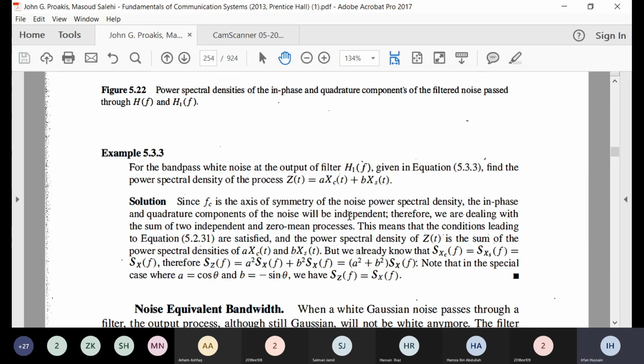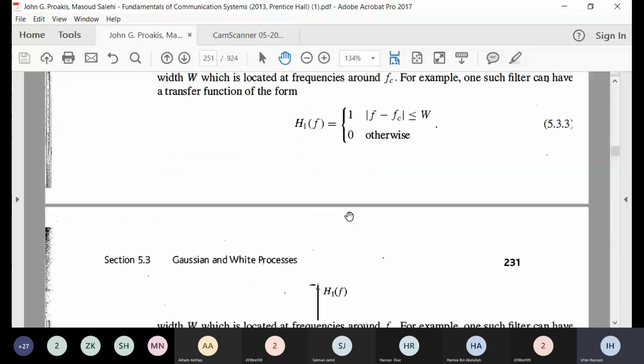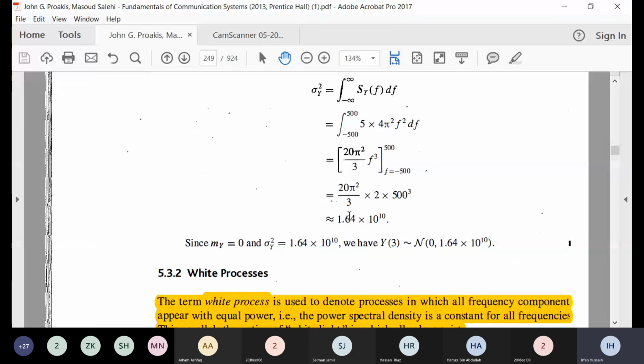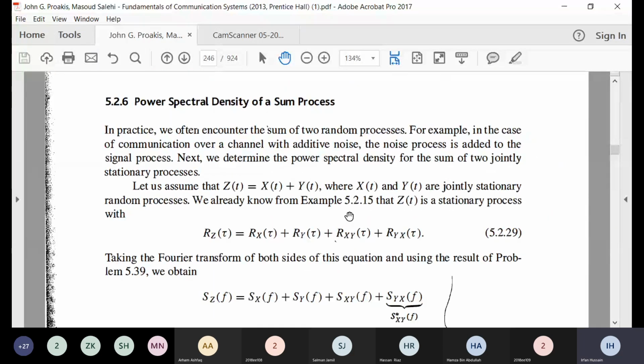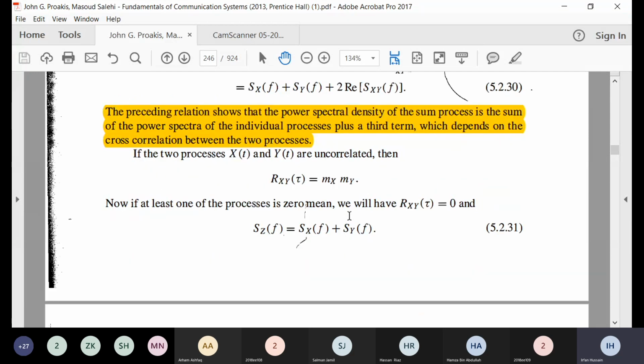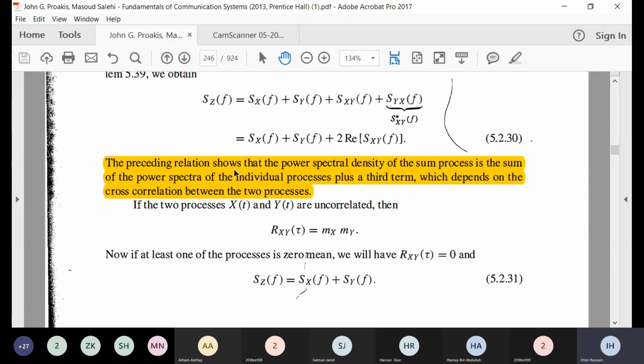And we have seen another example when their correlation is 0. We studied earlier that if you have a sum of two processes where the two processes are uncorrelated, then the power density comes out to be this for the sum of two processes. If they are uncorrelated, their cross-correlation is just the product of their means.